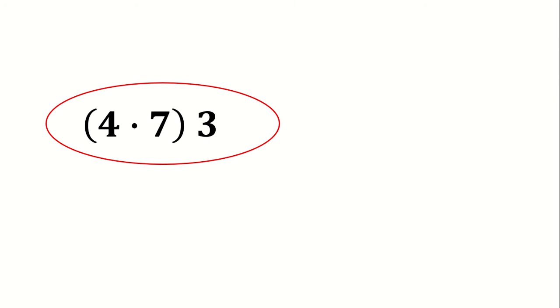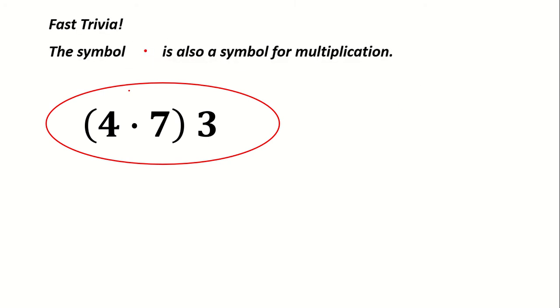How about if it's multiplication? Let's say 4 times 7. That's what you need to do first. Then that is also an indication of multiplication, okay? A fast trivia here: this symbol, a dot in between, is also an indication of multiplication.